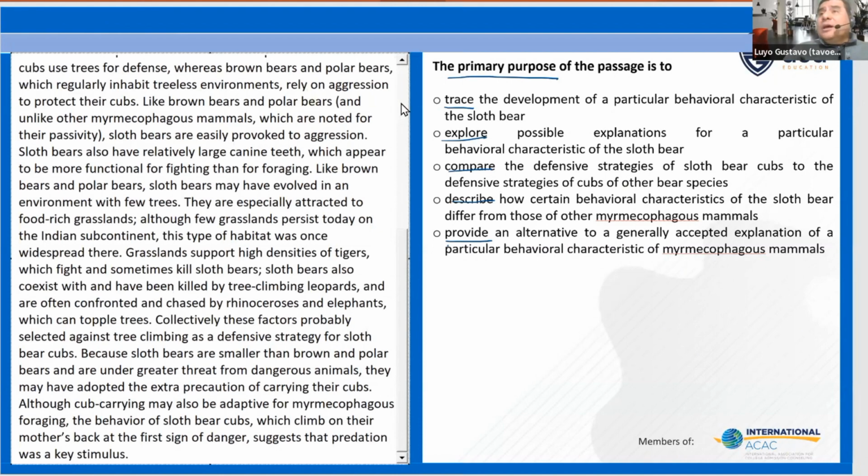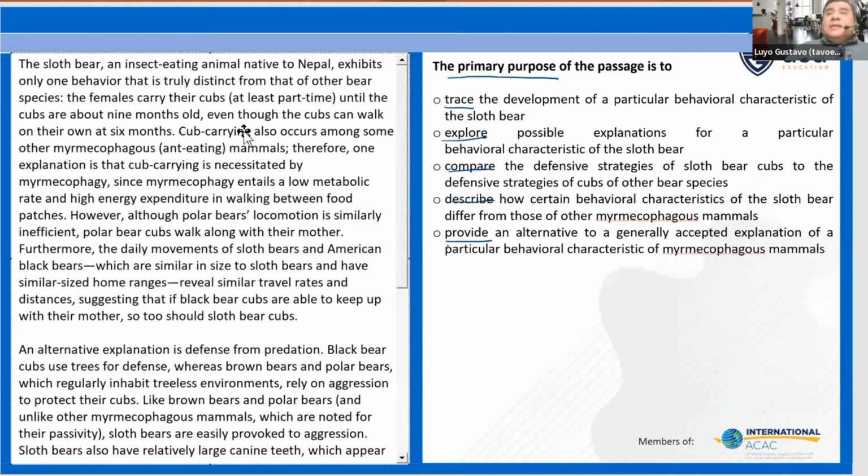You can see here, it says that the sloth bear exhibits one behavior that is distinct from other bear species: the females carry their cubs. So they talk about cub carrying in this passage, right? Cub carrying. That is a particular behavioral characteristic of this species.